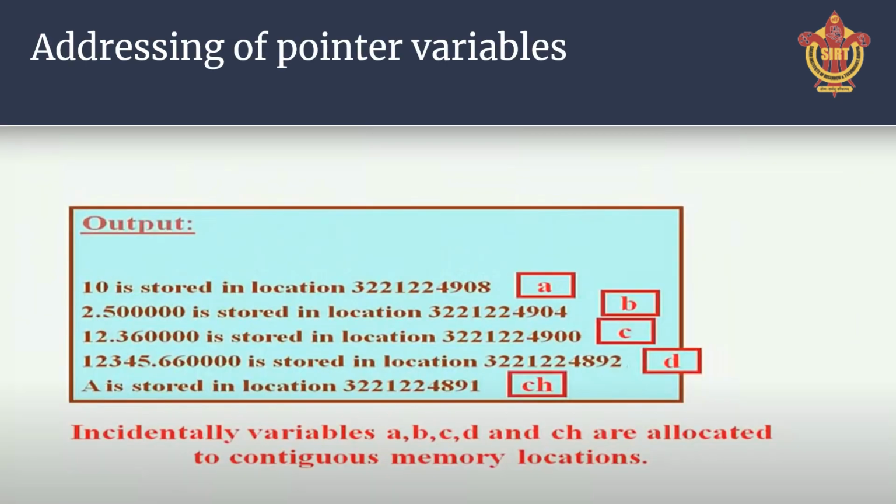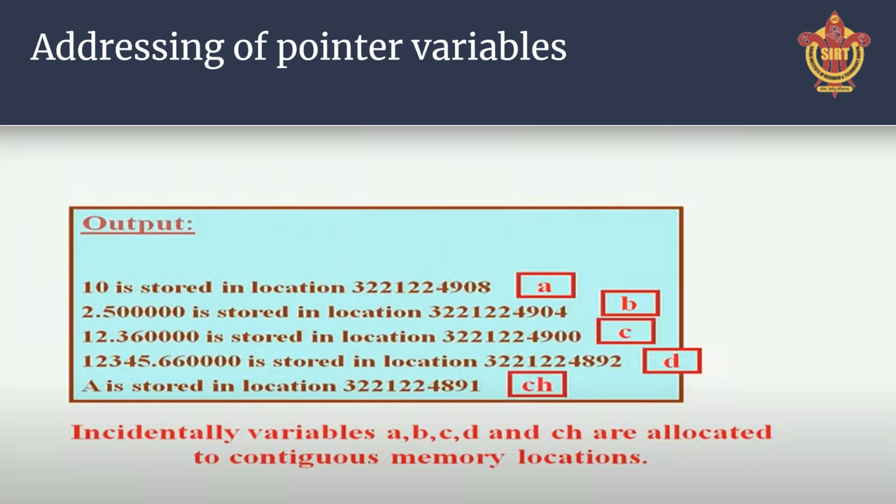Output will be displayed like this. This is for variable a. So 10 is the value and its memory location is this. 2.5 is the value and the memory location will be like this. Next for c, then for d, and then for ch, character type of variable A, which is stored on this memory location.